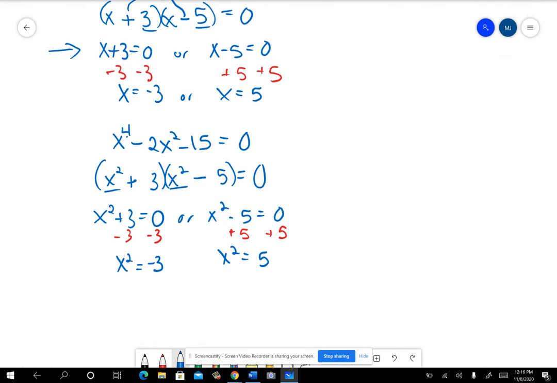And then what we'd have to do is continue, because your job, when you're being asked to solve, is to figure out what x is. So you'd come in and you'd square root both sides. Okay, and there'd be 2 square roots of that number. So x would equal positive or negative the square root of negative 3.